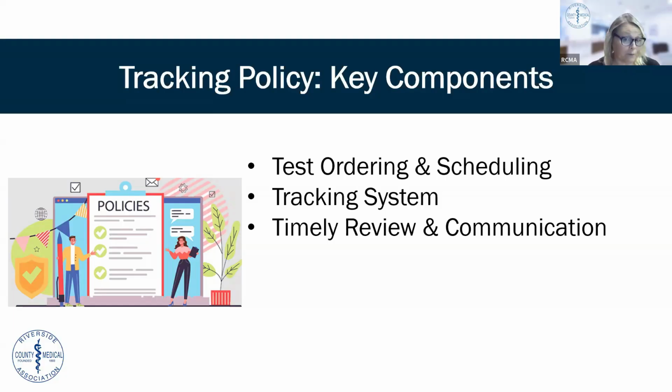Timely review and communication, making sure you have protocols to review the results with strict timelines. This lab result needs to be reviewed within 24 hours, or this should be reviewed immediately, depending on the nature. Or maybe the policy can include who it's assigned to. For example, the MA reviews first, then it goes to the clinician. But making sure that that policy is in place.